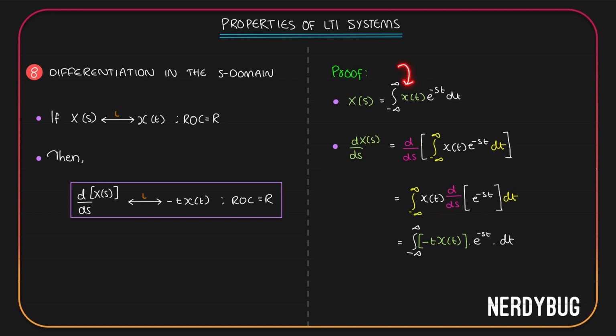So if x of t is the inverse Laplace transform of X of s, then minus t x of t will be the inverse Laplace transform of d by ds of X of s. The idea behind the ROC being the same is that when we differentiate, none of the poles actually gets cancelled. As long as the poles don't cancel, the ROC will be equal to R.